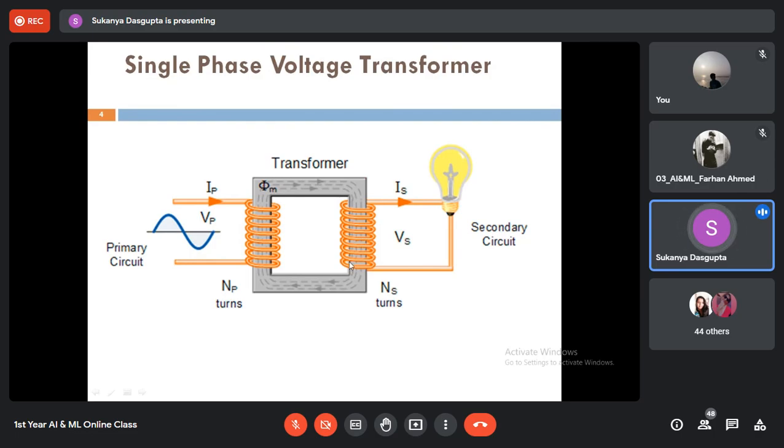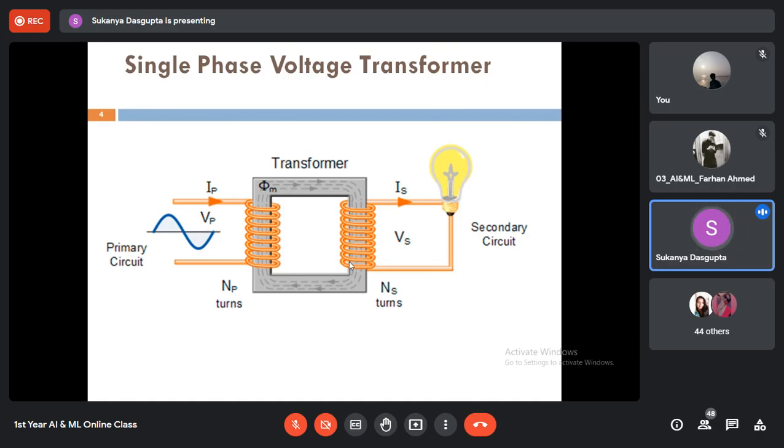Now, what is Faraday's law? Whenever an alternating current is passing through a coil, through a winding, a magnetic flux will be created, and this flux will in turn produce a voltage or EMF across the coil, which will oppose the very cause of it, which is nothing but the alternating current.